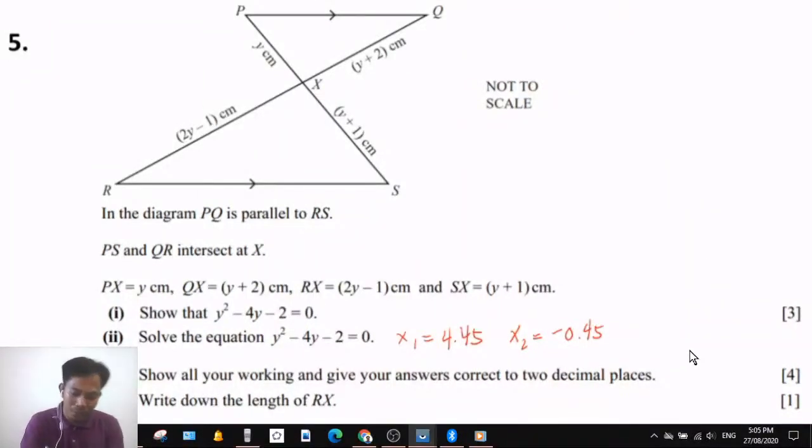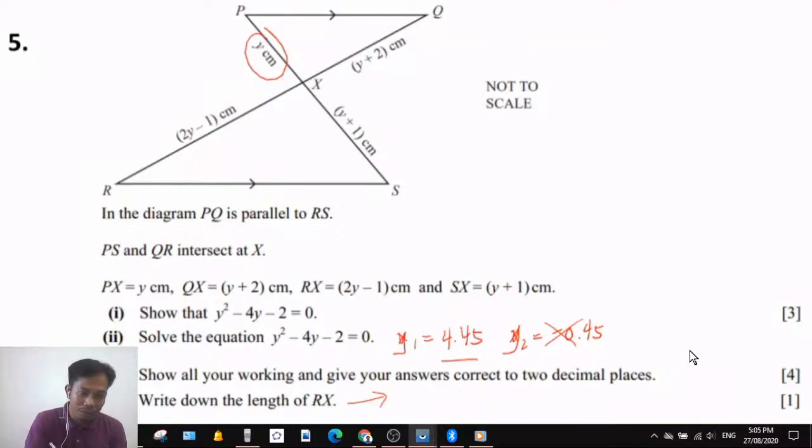Oh, sorry, it should not be x, it should be y. I'm not going to consider the negative value because of the context. I have to write down the length of RX for number 3. I'm going to consider 4.45.